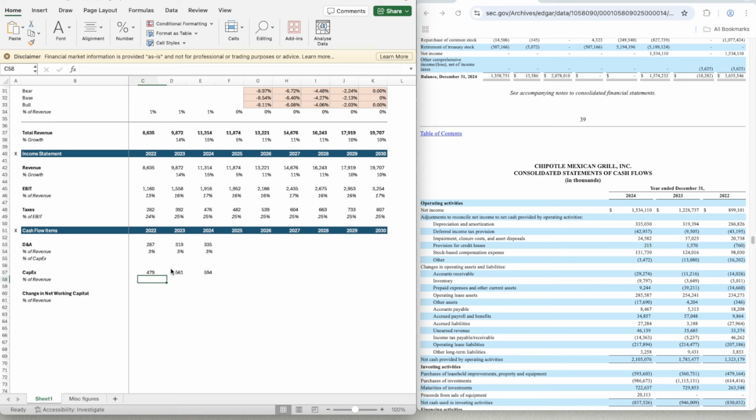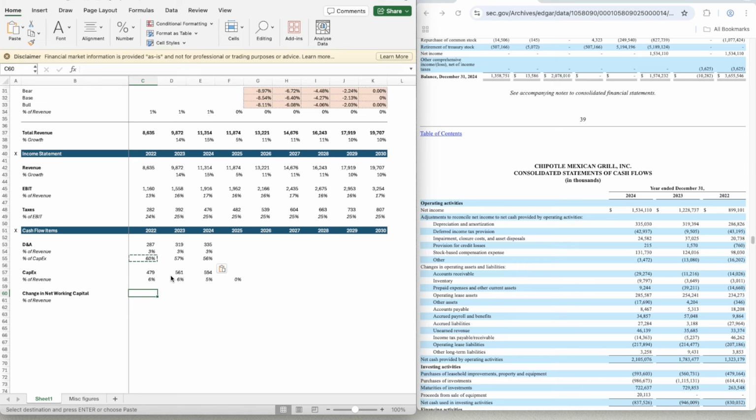And let's divide by the revenue. So this means CapEx is significantly more than what is being depreciated.